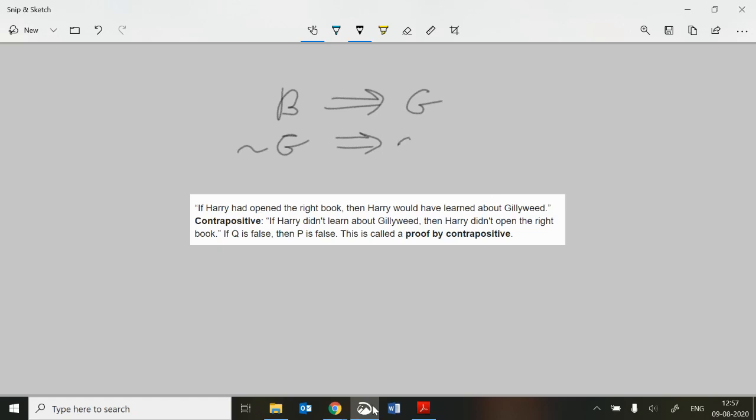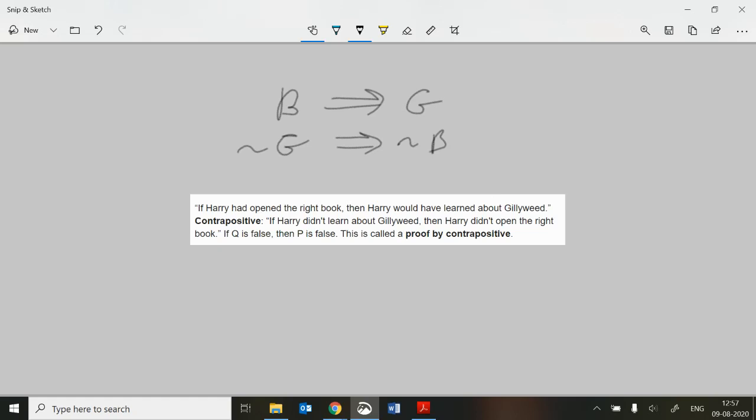That's the common sense idea you can get your head around. If Harry didn't learn about gillyweed, then he can't have opened the right book.